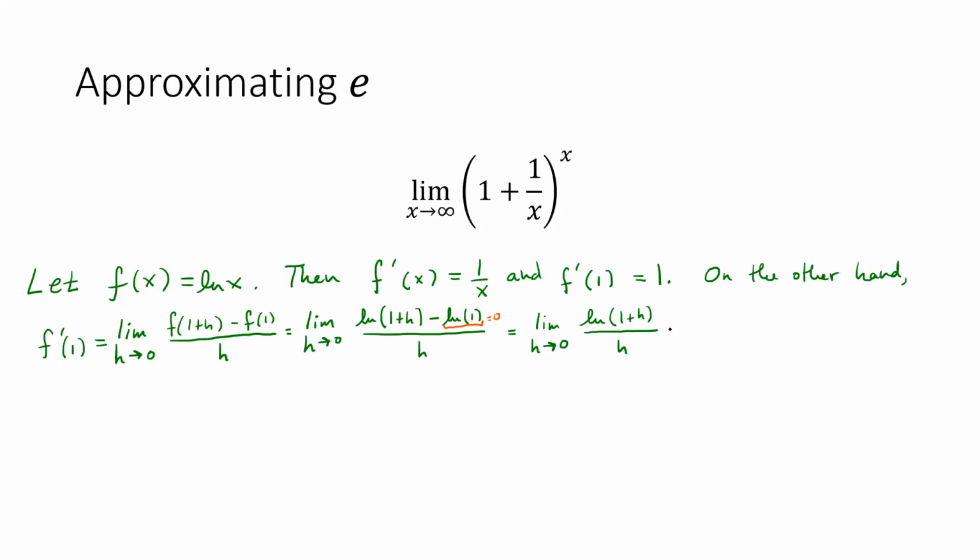Here I can exploit some properties of logarithms and rewrite this as 1 over h times ln of 1 plus h.